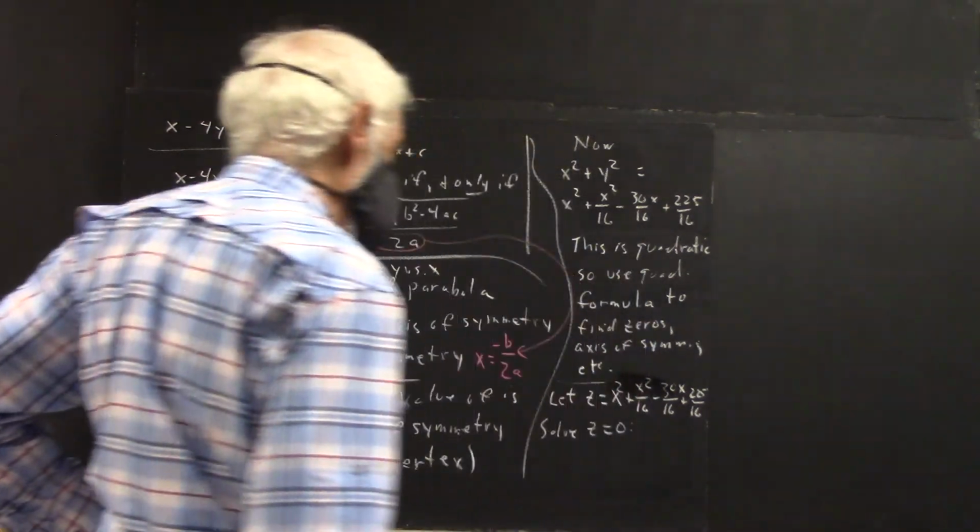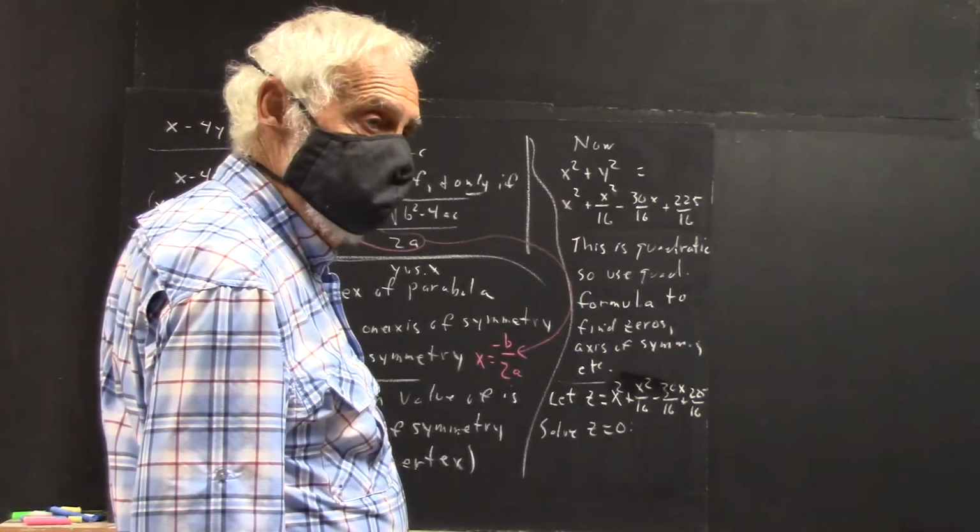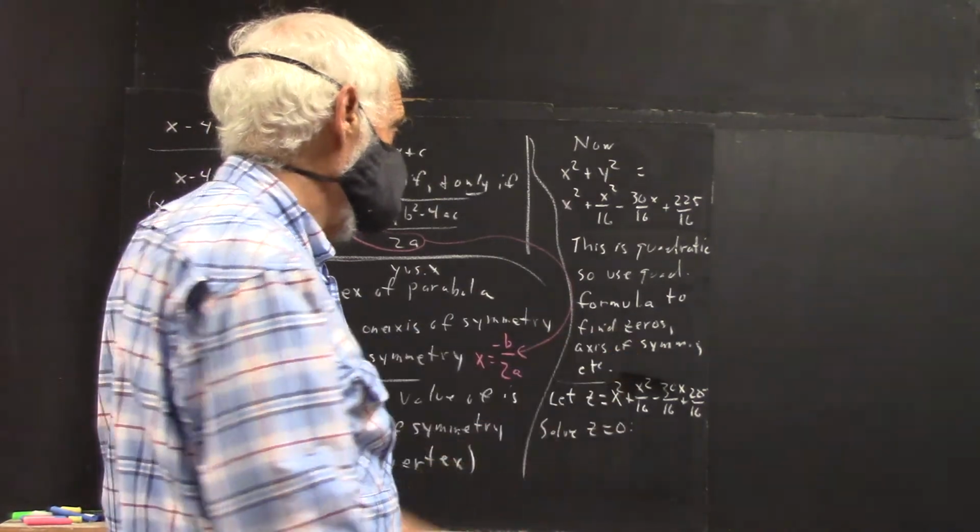And we want to solve to find the value when z is 0, because that's how we find the zeros.